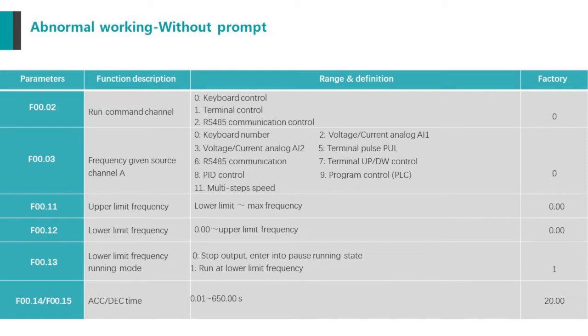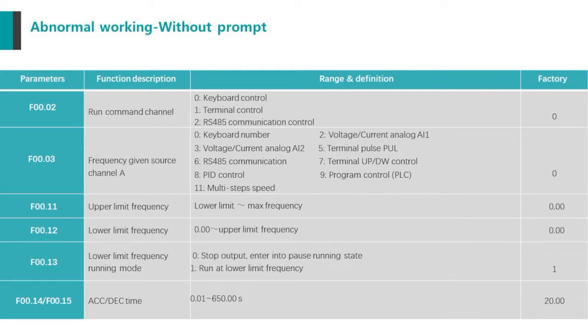The keypad control and terminal control are most popularly used. And F00.03, the frequency given source. F00.11 and 12, upper limit frequency and lower limit frequency. And F00.14 and 15 for the acceleration and deceleration.